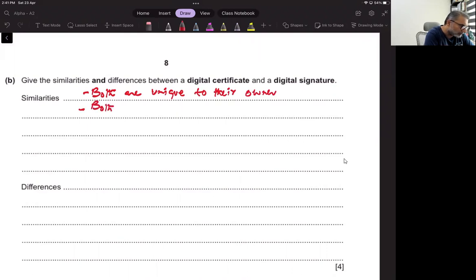Both include a hashing algorithm. Both are used for authentication.